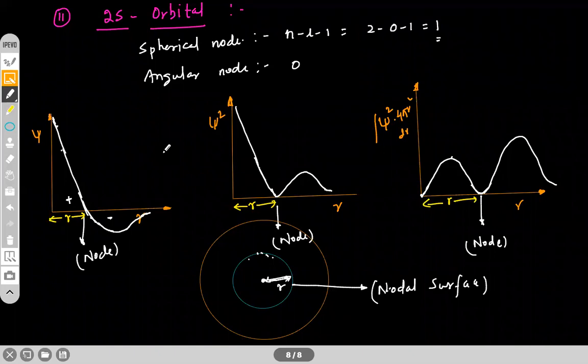But before that, write down one note here. The probability graph always starts with 0, that is the origin, the nucleus.